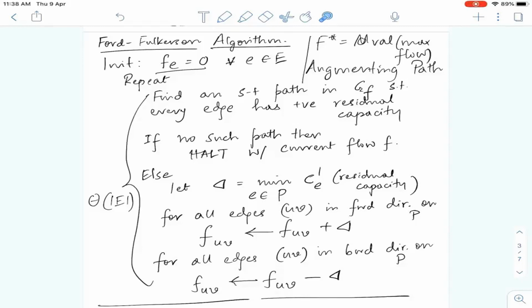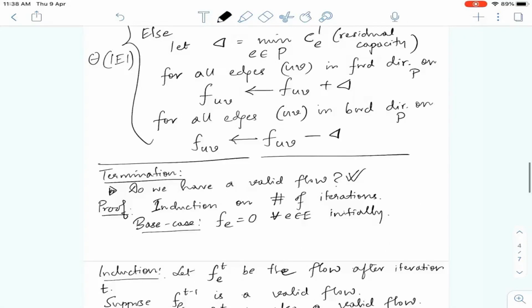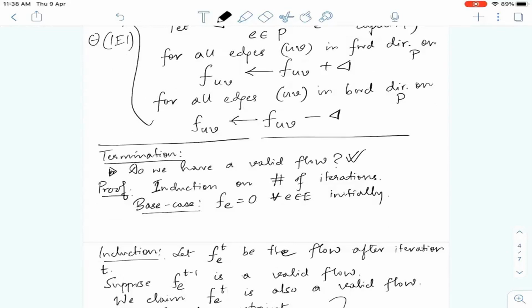If I start with 0 and increase the flow by at least 1 in every iteration, how long can this run? Well, it can run until I have reached the max flow. So if f star is the value of the max flow, then clearly the total number of iterations is at most f star. So now let's go back to the new thing.